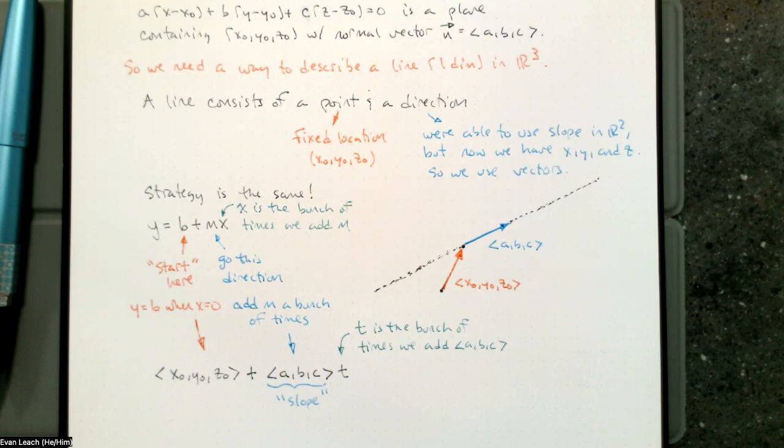Parallel lines will have the same slope, but as we know, perpendicular to this line in R3 will be an entire plane. There's a whole plane perpendicular to this line.